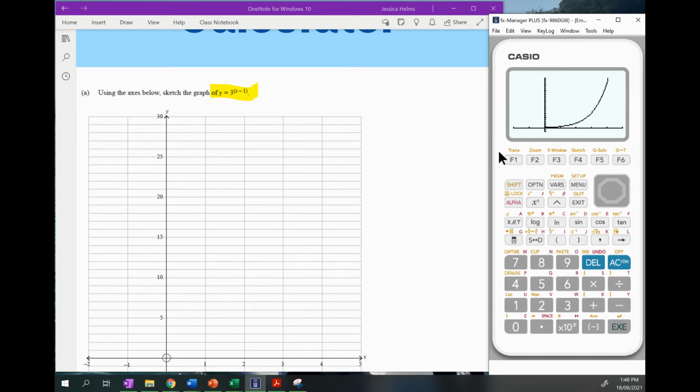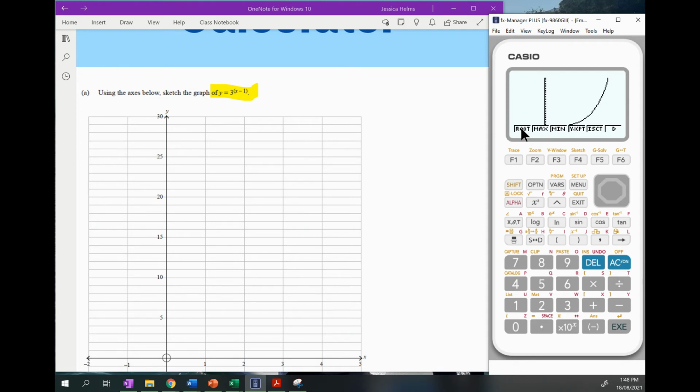All right, so that gives us a picture like that. Now you'll notice that I don't have any idea what these tick marks mean, and I don't know where anything is on there, so I need to find out some information first. So I'm going to press on Gsolve. Gsolve pretty much gives me any important information about the graph. I don't have a minimum or maximum for exponentials, they just keep going and going.